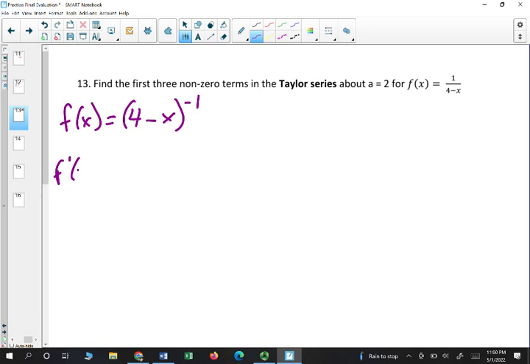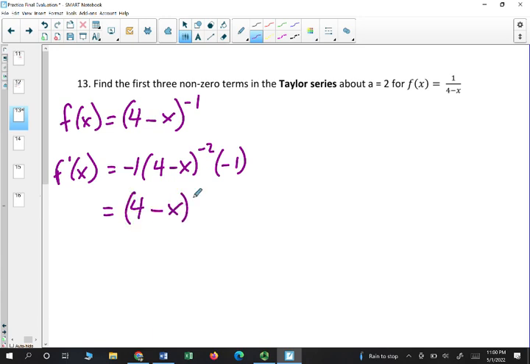Okay, let's get its derivative. So that would be negative 1 times 4 minus x to the negative 2 times the derivative of the inside, which will just be negative 1. So that gives us negative 1 times negative 1. That would cancel. 4 minus x to the negative 2.